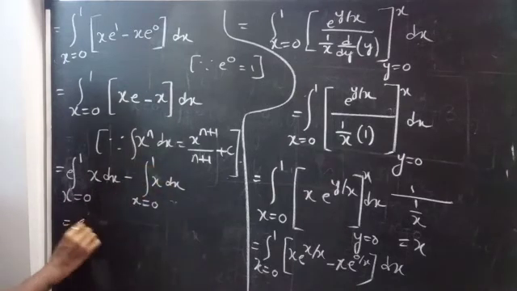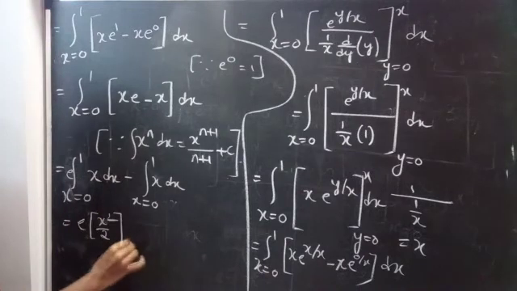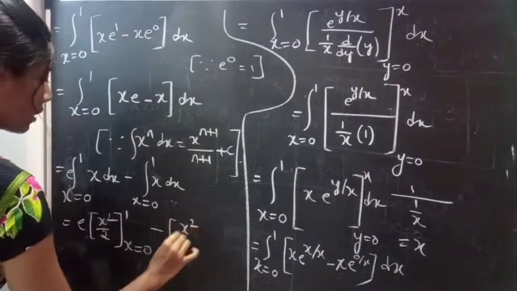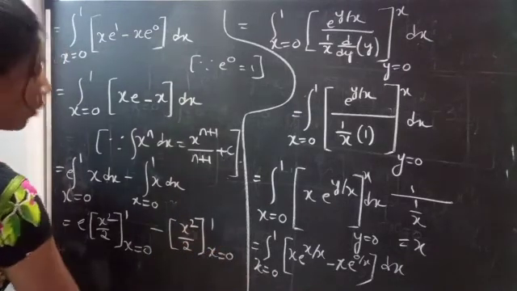So this equals e into x squared by 2 under limits x equals 0 to 1 minus x squared by 2 under limits x equals 0 to 1.